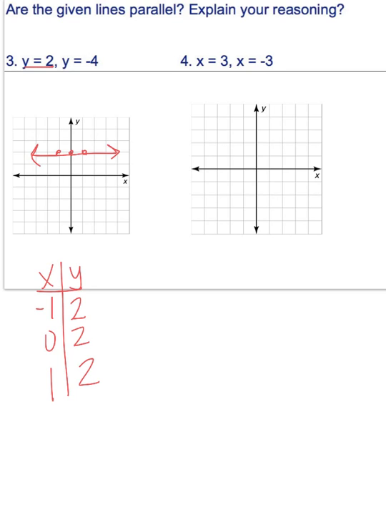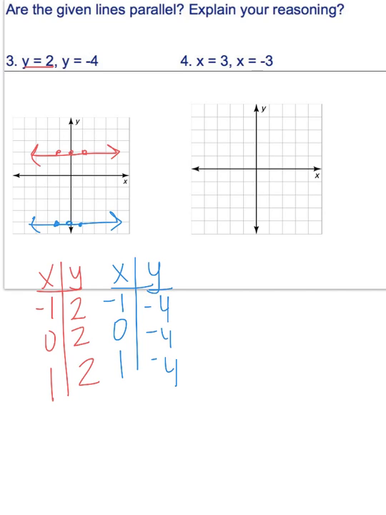Then I'm going to graph y equals -4. Again, I'm going to make my table. Again, I'm going to use -1, 0, and 1 for x, and then -4 all the way down for y. And I'm going to go ahead and graph that. Get my 3 points, and I'm going to draw my line.